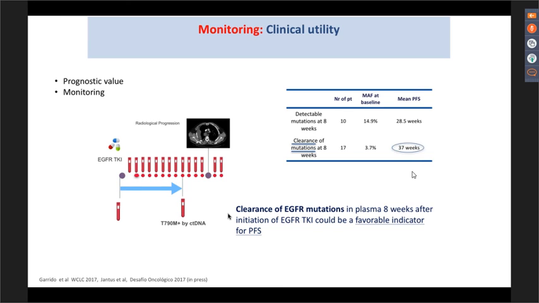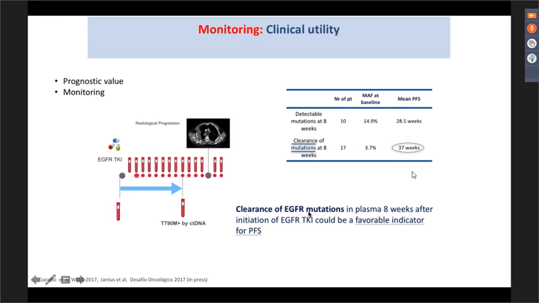In our LUNG-BEAM trial, we have seen that those patients showing a clearance of EGFR mutation in plasma 8 weeks after initiation of EGFR TKIs had a mean PFS of 37 weeks, compared with the other group of patients with detectable mutation at 8 weeks that had a mean PFS of 28 weeks.